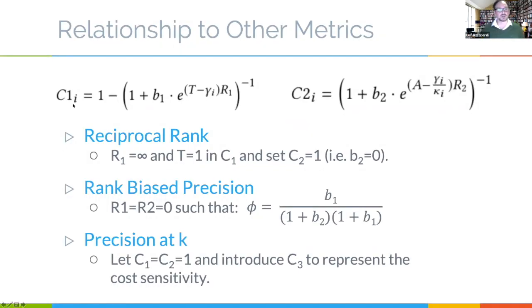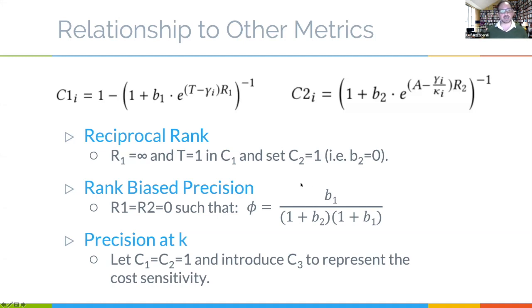So given these continuation functions, we can define the relationship between other metrics. By setting the parameters in different ways, for instance, if I set the rationality to a very large number and the t to 1 in this C1 function, then I basically get reciprocal rank when I set C2 to 1. And similarly with rank biased precision, I can set the R1 and R2 to equal 0 such that theta is now a combination of these parameters.